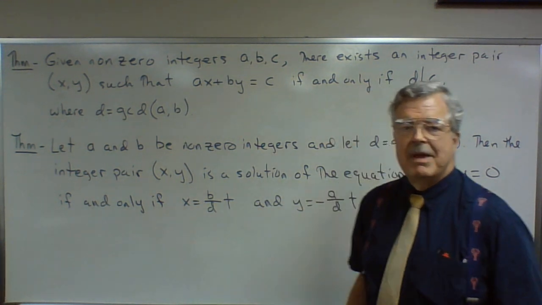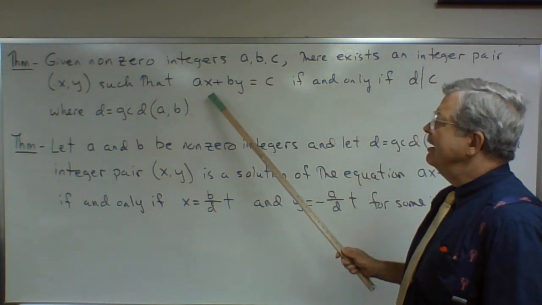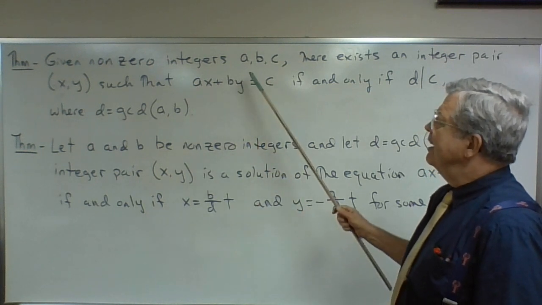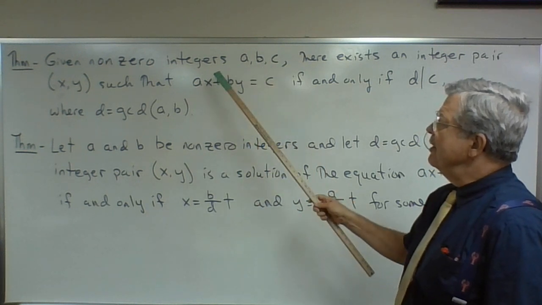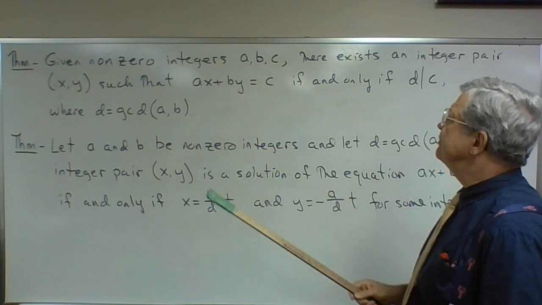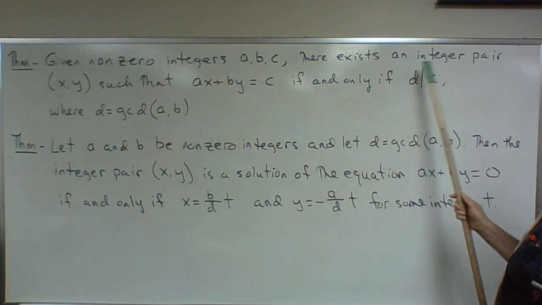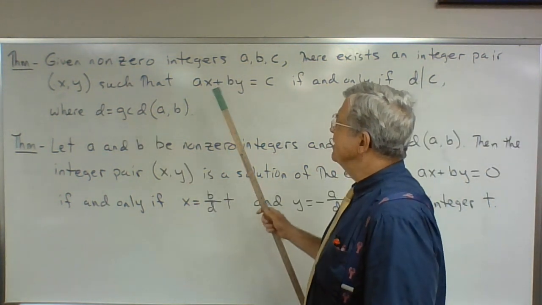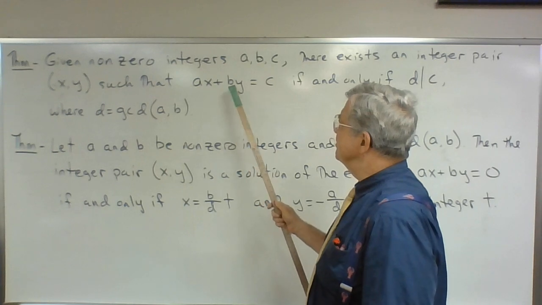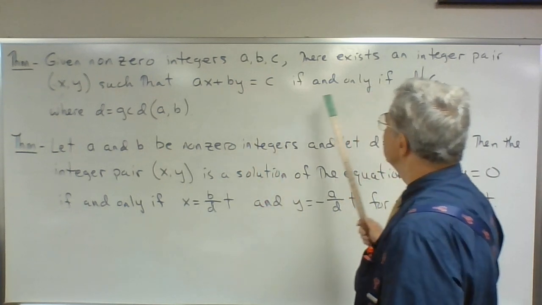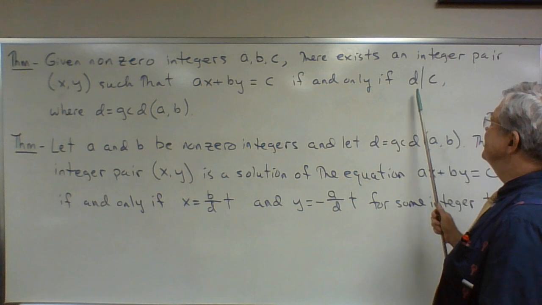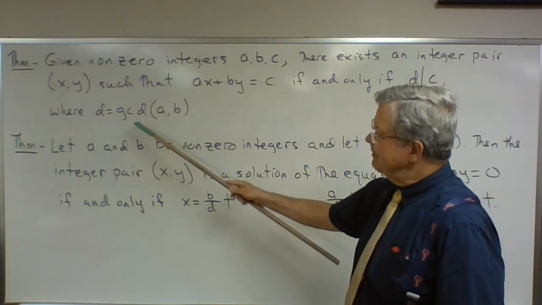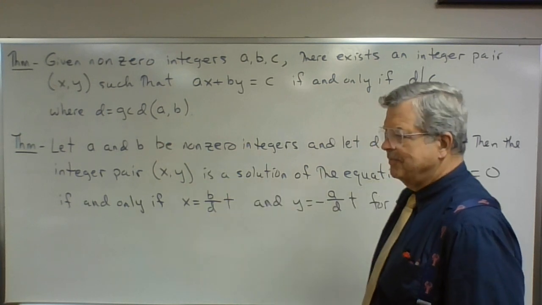Let's refresh our memory about an equation of this form. A, B, and C are non-zero integers, and there exists an integer pair, x y, such that ax plus by equals c, if and only if d divides c, where d is the greatest common divisor of a and b.